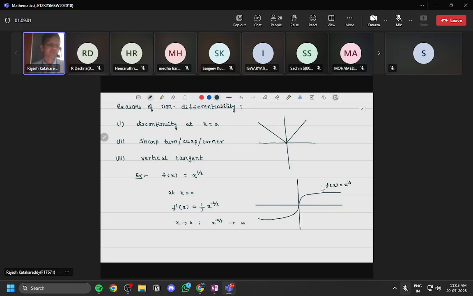At 0 you have a vertical tangent. Okay. Any other doubts? See, as far as I am concerned, this is about continuity and differentiability. Now we need to solve as many problems as we can. There are different types of problems. Let us start them. Clear?